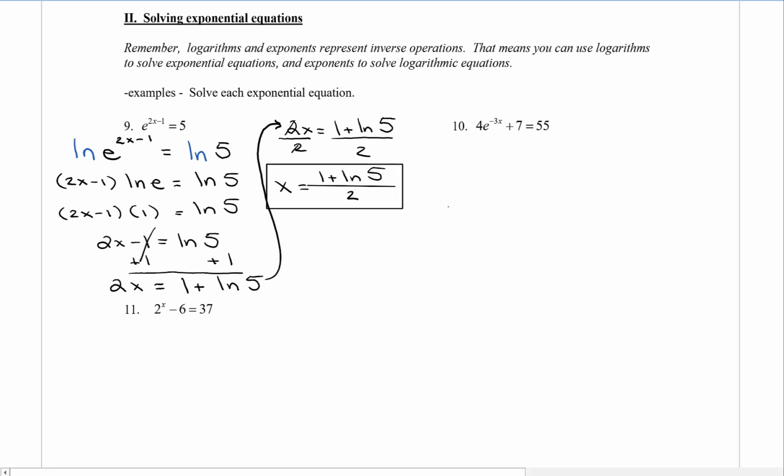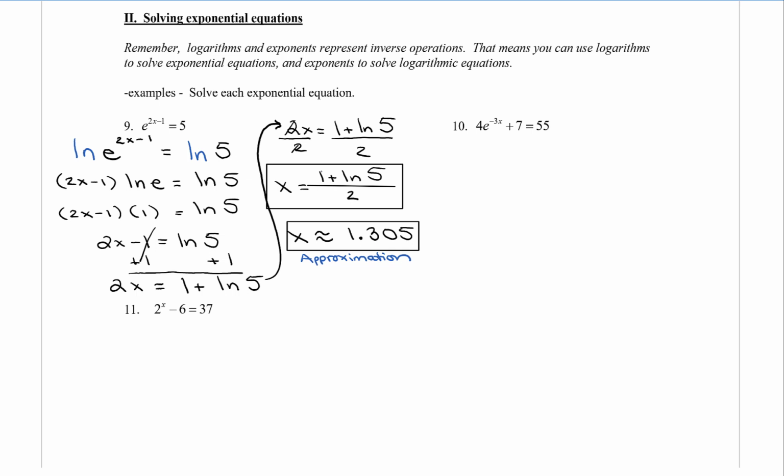This is going to be x is approximately equal to 1.305, and I'm going to box that in as well. So the bottom answer here, the 1.305, represents our solution as an approximation. And the upper answer here represents my solution as an exact answer.